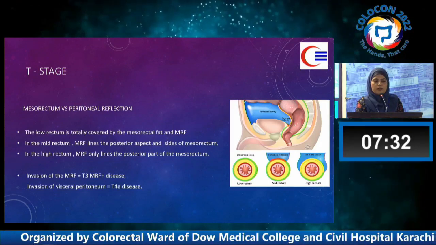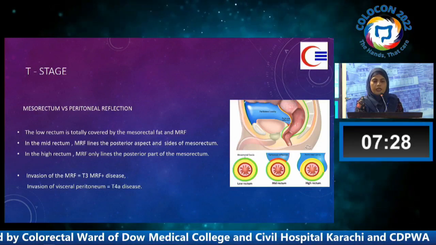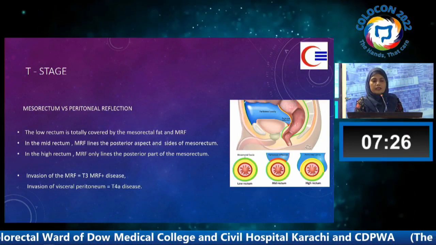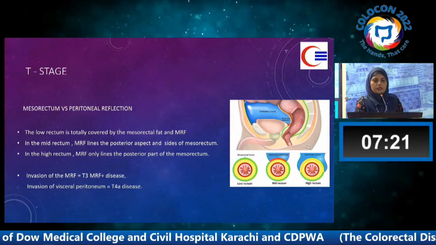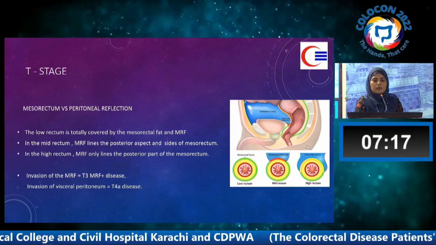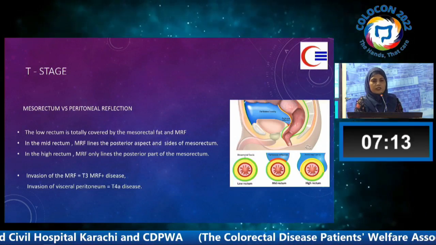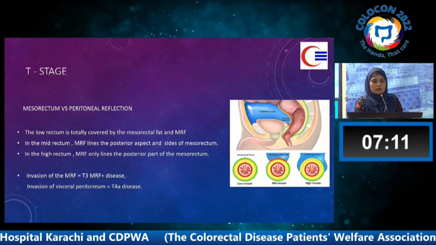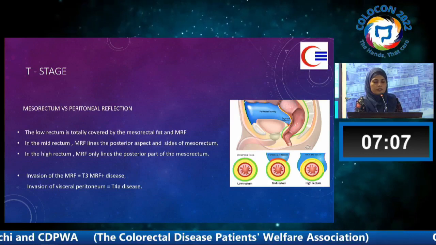In lower rectum, mesorectal fat and fascia encircle the rectum completely. In mid-segment, the anterior peritoneal reflection lies anteriorly, and mesorectal fat and fascia are just on the sides and back, while in upper rectum, the peritoneum lies anteriorly and on the sides, and fascia lies only posteriorly. These things help us in staging upper, mid, and lower rectal cancer.